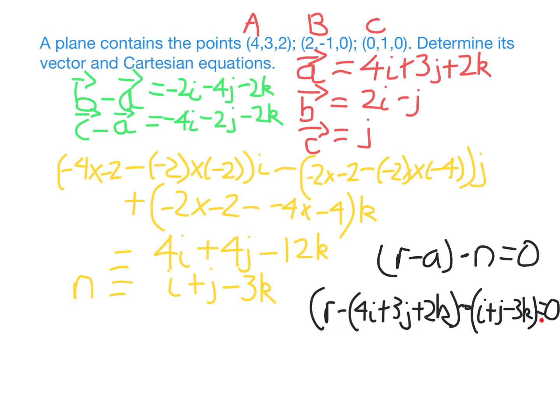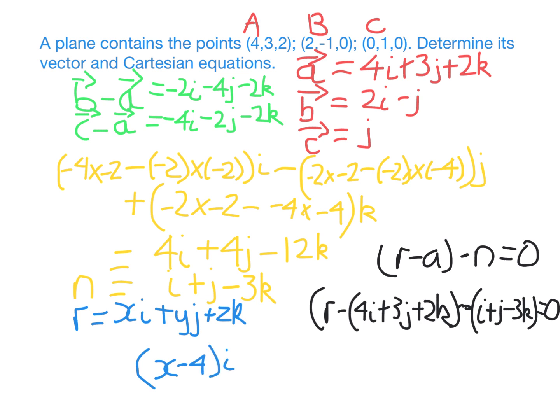All right, let's now use this to get the Cartesian equation. The Cartesian equation is the one with the x, y, and z. We're just going to let r be xi plus yj plus zk, and we're going to substitute it into here. So what would be r minus this vector? Well, it would simply be x minus 4, we're subtracting each component one by one, x minus 4i.